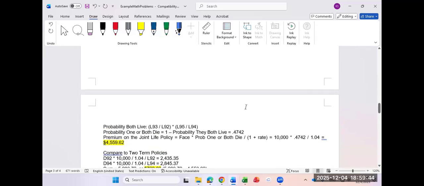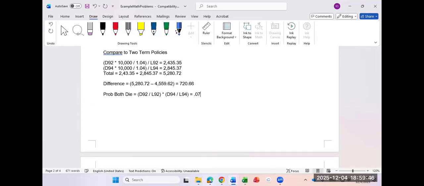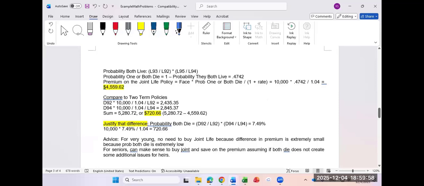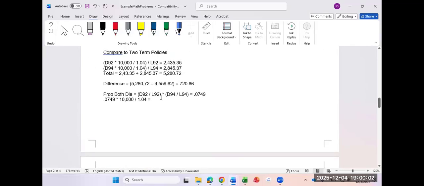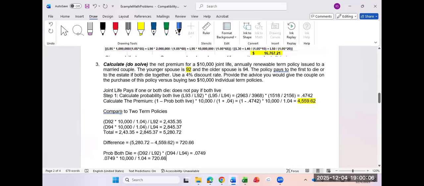That's 7.49%. You take 0.0749 times $10,000 divided by 1.04, and guess what you get? 720.66.